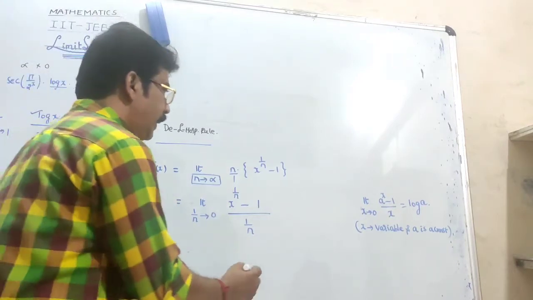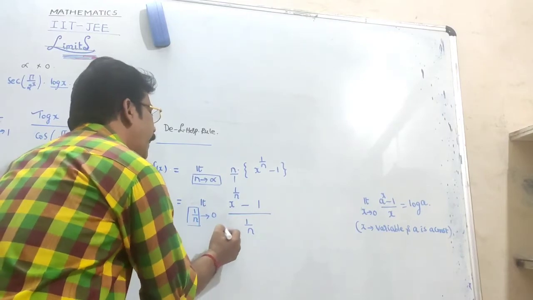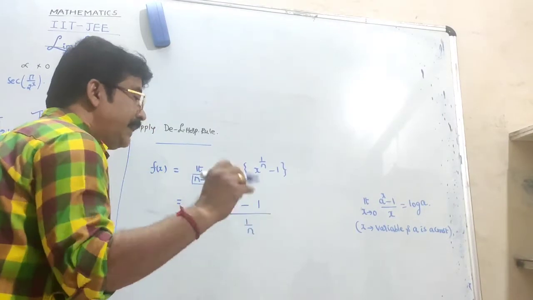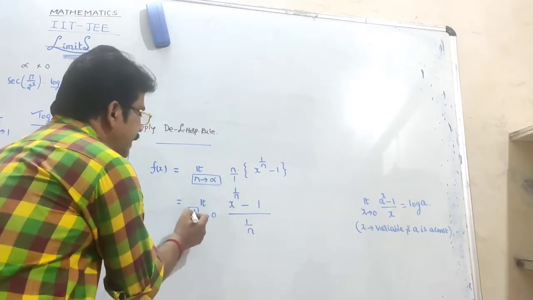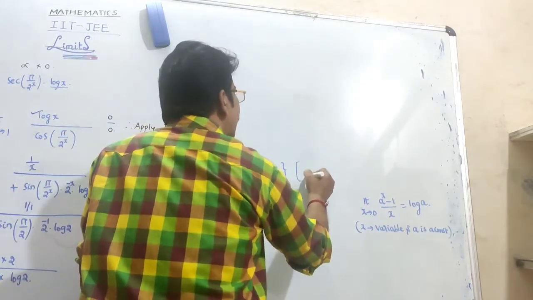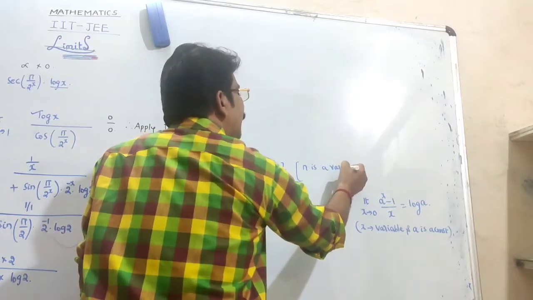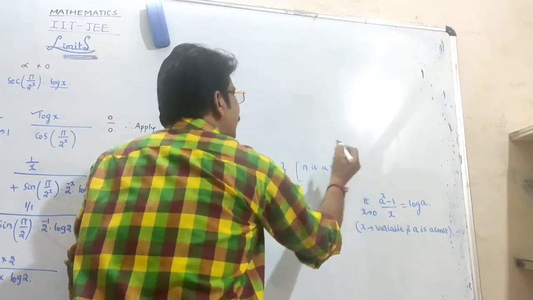So therefore, clearly limit x tends to 0 of a power, because here n tends to infinity. n tends to infinity means n is a variable.